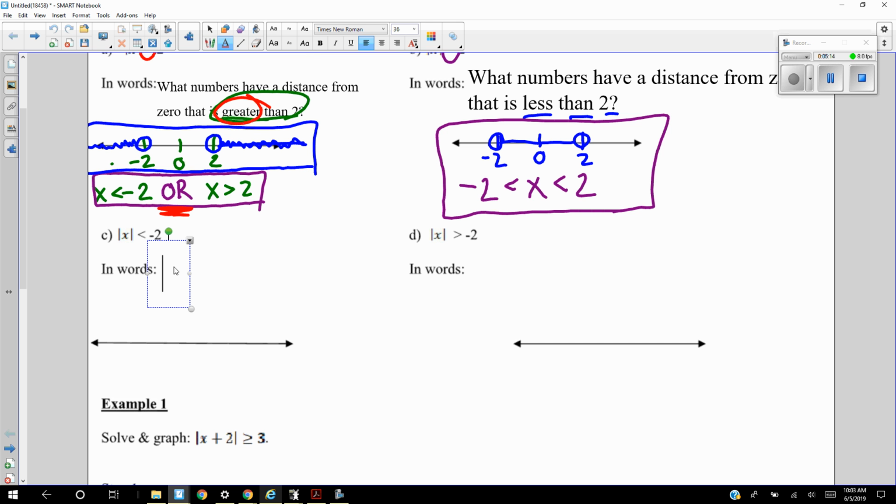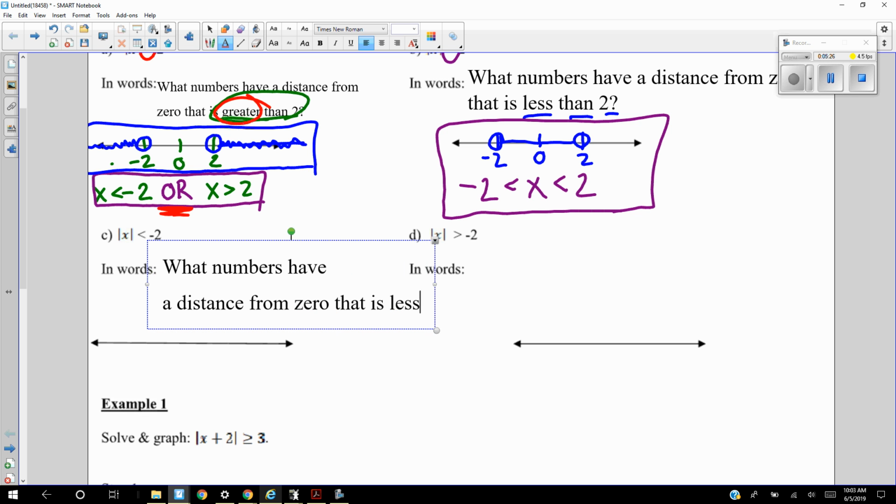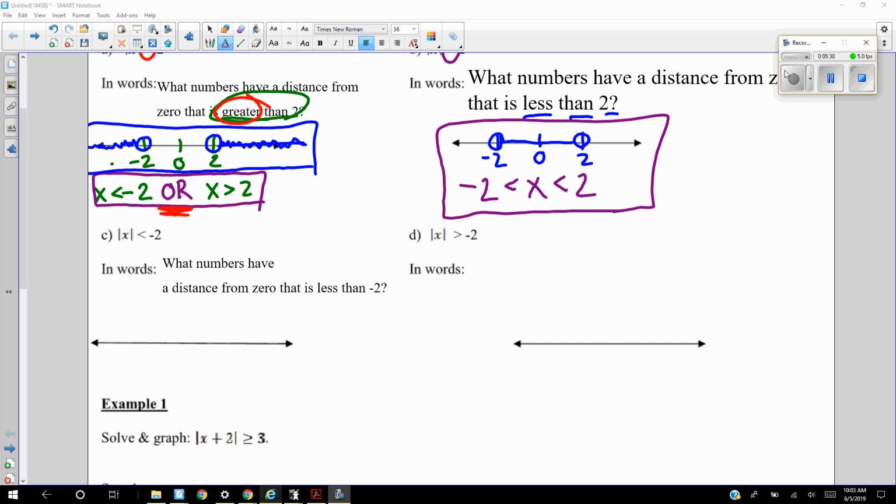All right, letter C. So write what this question is asking in words. This is saying what numbers have a distance from 0 that is less than -2. So remember, absolute value is a distance from 0. What did we say about absolute value? It's never going to be negative. So that means a distance cannot be less than a negative number.